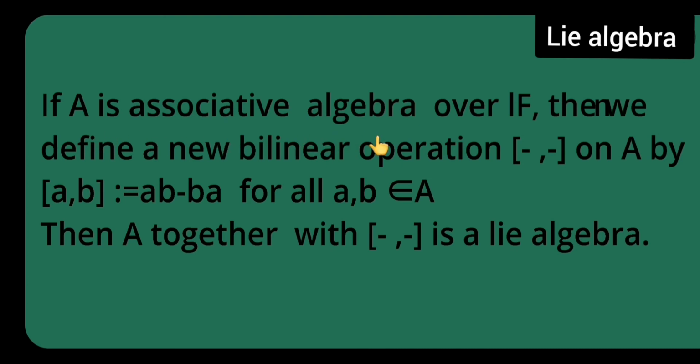If A is an associative algebra over F, then we define a new bilinear operation, Lie bracket on A, by [A, B] equal to AB minus BA for all A, B belonging to A. Then A together with the Lie bracket is a Lie algebra. Now let me turn the page and do the next one, that is the derivations.